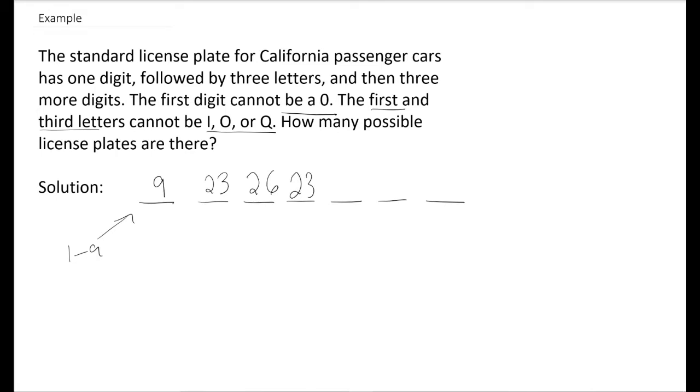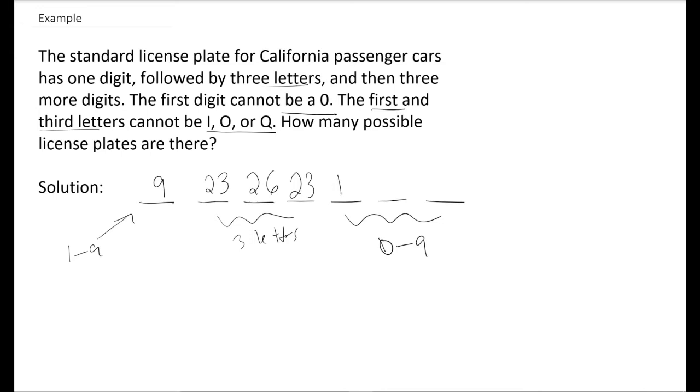And then for the fifth spot, it says here followed by 3 letters. So we already did our 3 letters, right? These are our 3 letters. And then now we need 3 more digits. So in this case, the rest of the digits could be 0 through 9, right? So it's possible to end in 0 or start in 0.